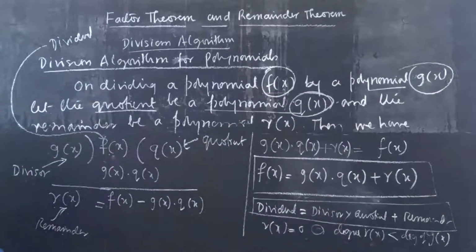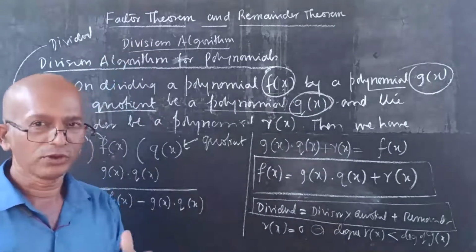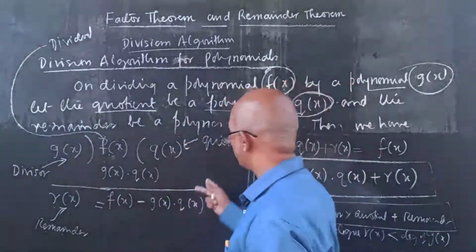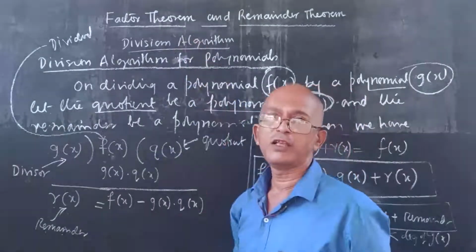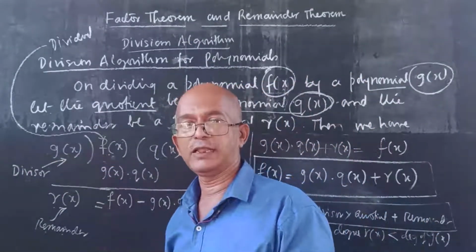This is very, very important to understand the factor theorem. Now after this we are going to prove the factor theorem. This will help us to prove the factor theorem and also the previous concept we have learned earlier.